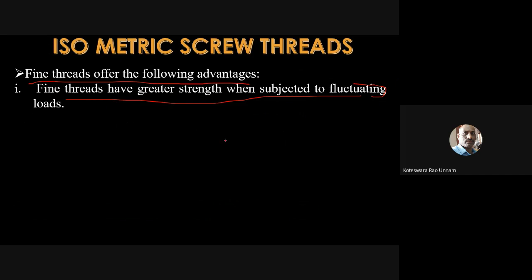Vibration means to-and-fro motion. A fluctuating load is also something like this. We call it a fluctuating load or fatigue load. When threads are subjected to fatigue loads or fluctuating loads, we have seen that bolted connections loosen very quickly. That is the disadvantage.